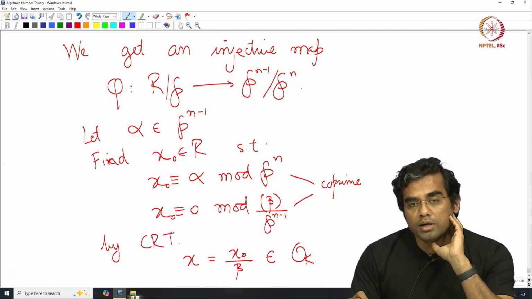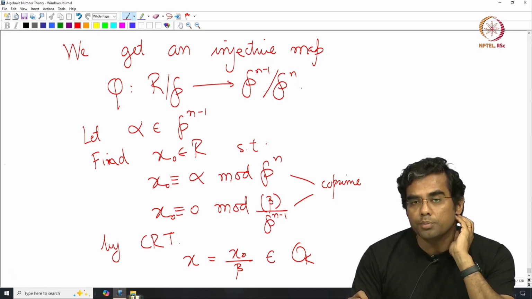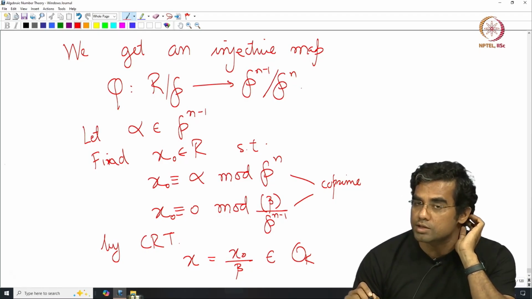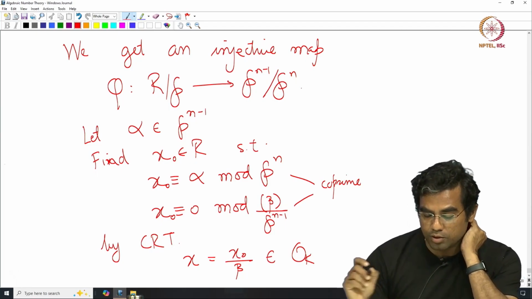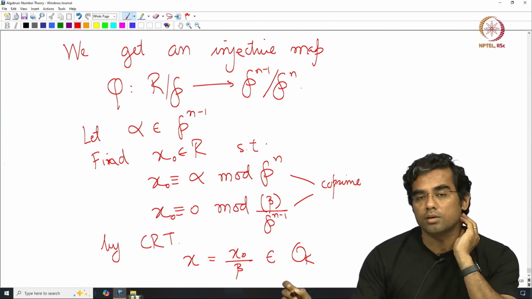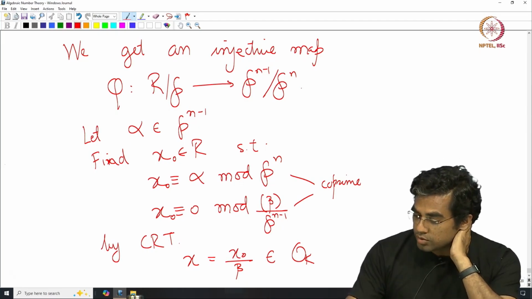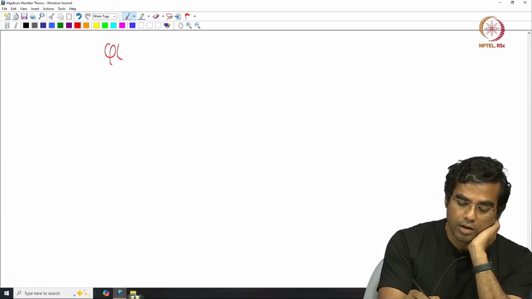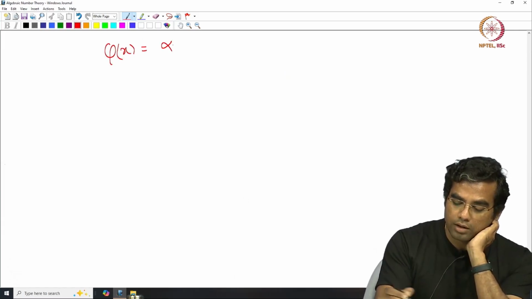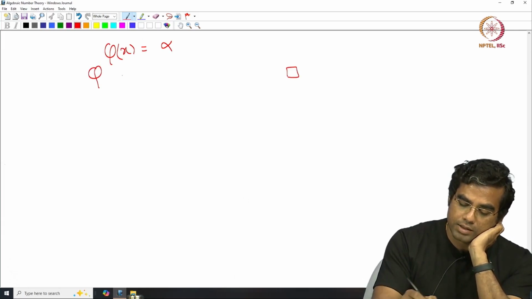So, no prime other than P can appear in the denominator of the prime factorization of x, and P^(n-1) does not appear because x_0 is contained in P^(n-1). So, x is in the ring of integers, and phi of x is equal to alpha. So, phi is surjective.